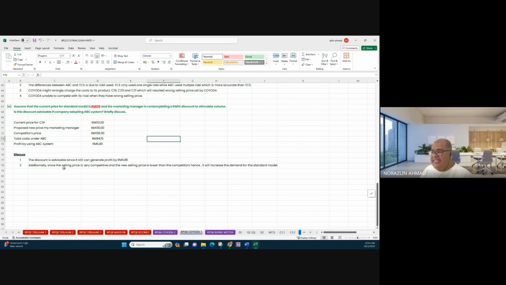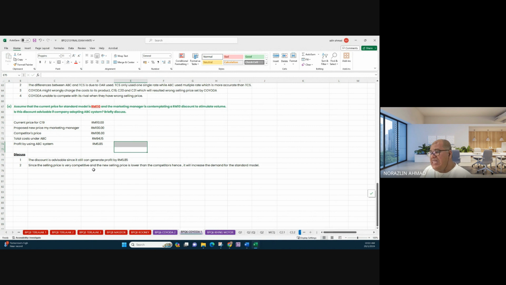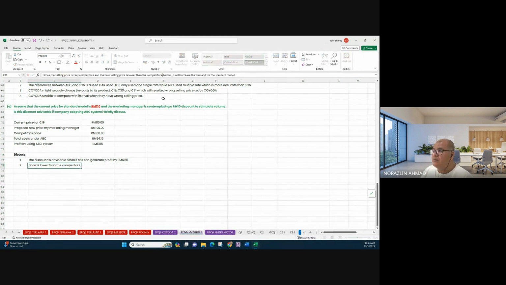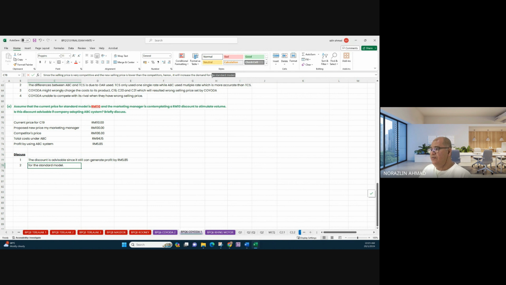And additionally, since the selling price is very competitive and the new selling price is lower than the competitors, hence it will increase the demand for the standard model, the demand for C19.